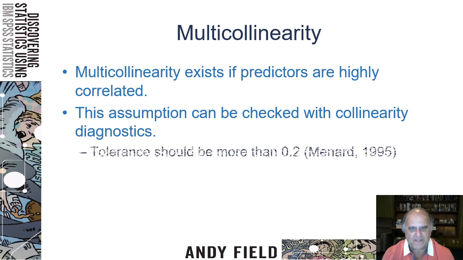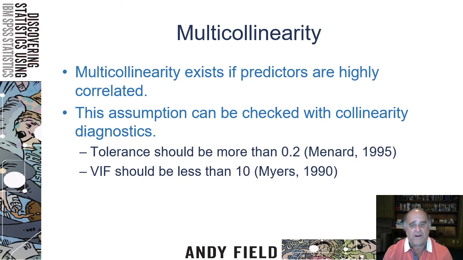Multicollinearity, again, exists if predictors are highly correlated. This assumption can be checked with collinearity diagnostics. Field suggests that the tolerance, which is one of the indicators of multicollinearity, should be more than 0.2. And the VIF, which is another indicator of multicollinearity, should be less than 10.